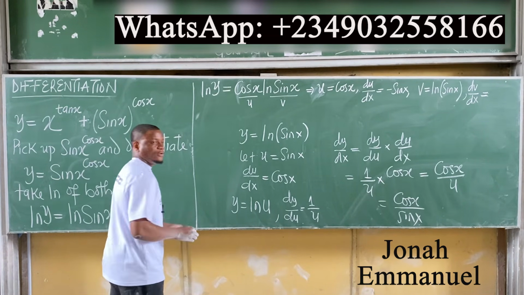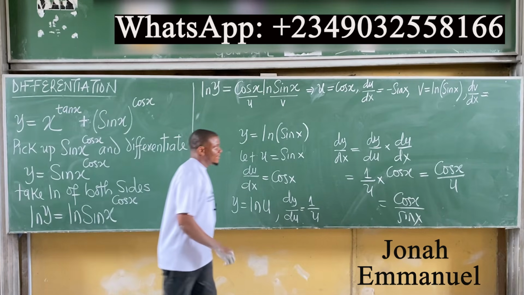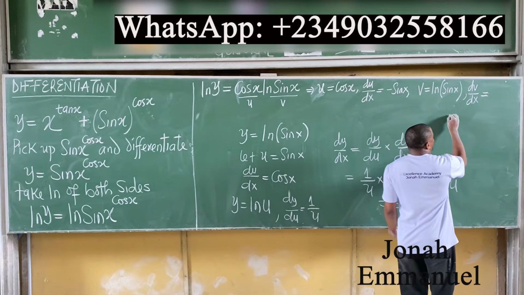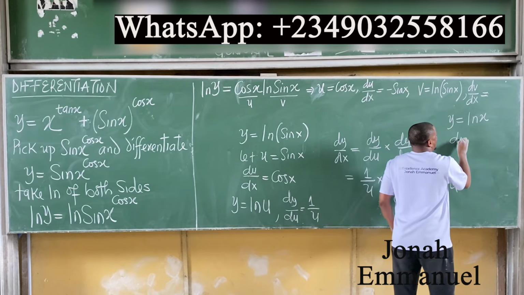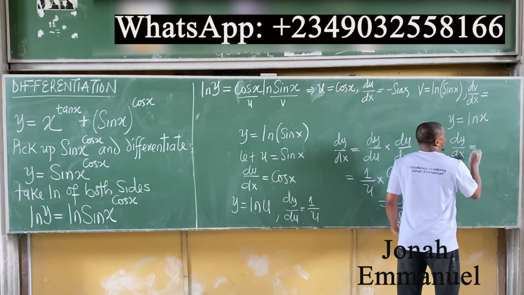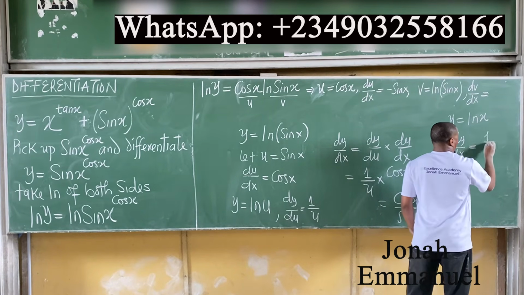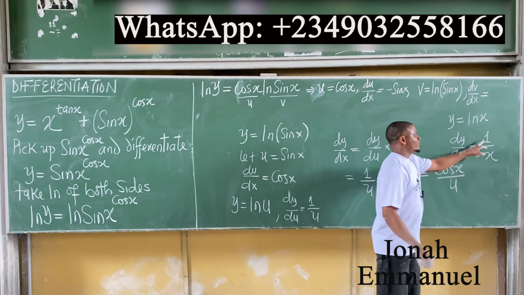Now let me show you something. If y is equal to ln x, what's the value of dy/dx? 1 over x. Why is it 1 over x?